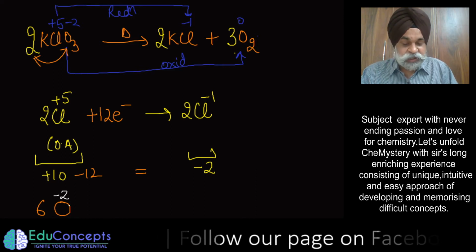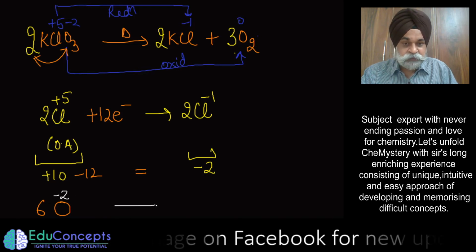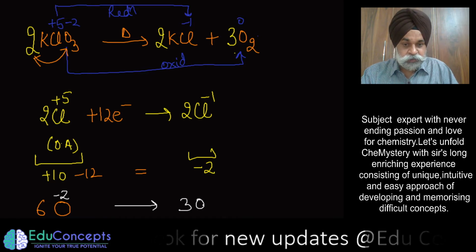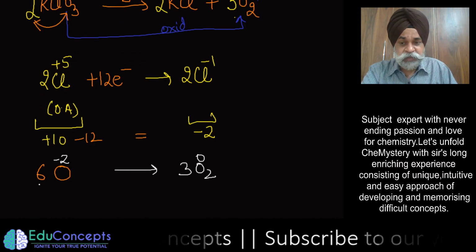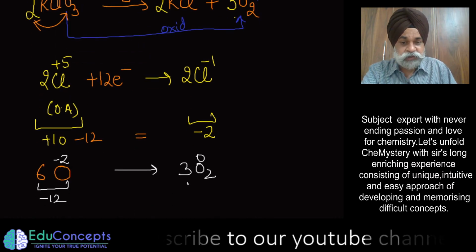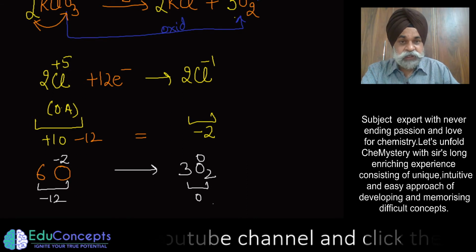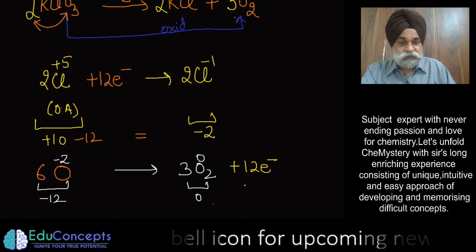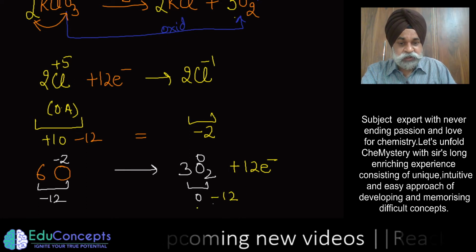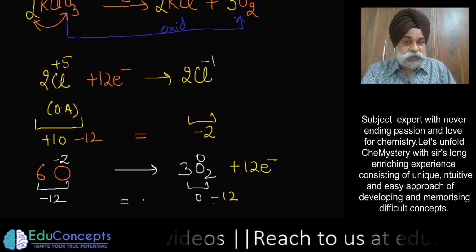It is 6 oxygen atoms in -2 oxidation state, which go to 0 oxidation state. Again, to do the charge balancing, it is -12 here and 0 there. So to keep the charge balanced, I have to place 12 electrons here. If I make 12 here, this also becomes -12 equal to -12.